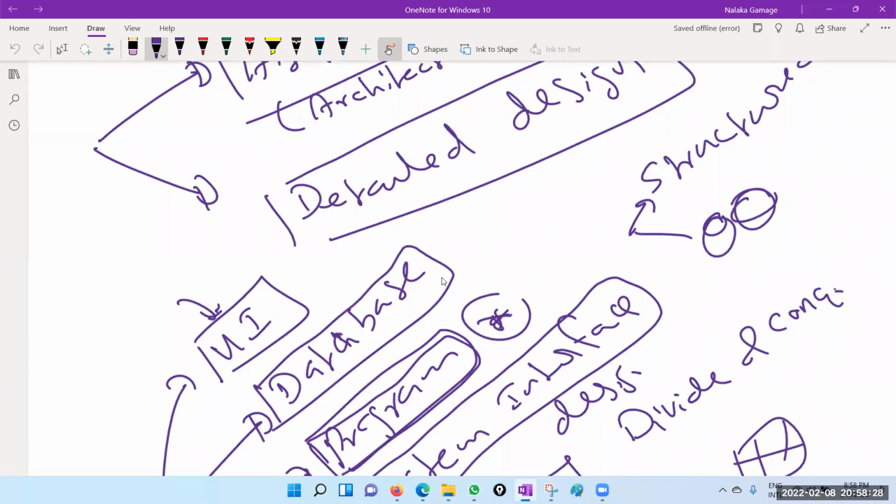That is why we heavily use diagrams in designing also. In analysis, remember, use case diagrams, context diagrams, even ER diagrams, the analysis ER diagrams. Here also we heavily use architectural diagrams, class diagrams, sequence diagrams, design database ER diagrams, etc.